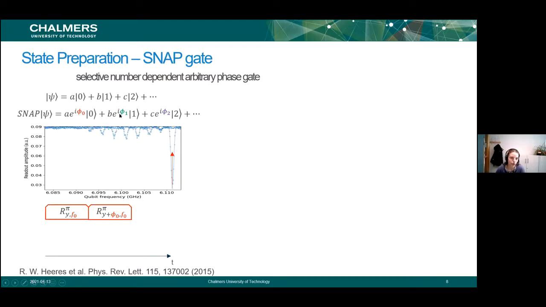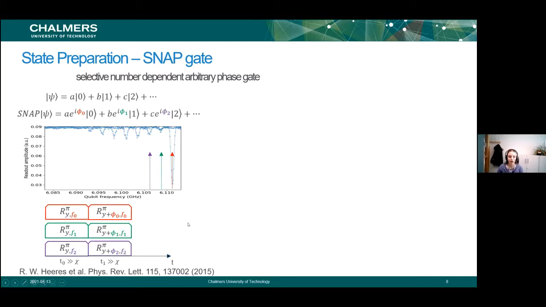And if I want to add this phi 1, I do exactly the same thing, just at this frequency f1, and so on. So I basically send a comb of frequencies. And the tricky thing here is that these times have to be bigger than 1/chi, sorry, much bigger, so that they selectively drive each of these transitions.